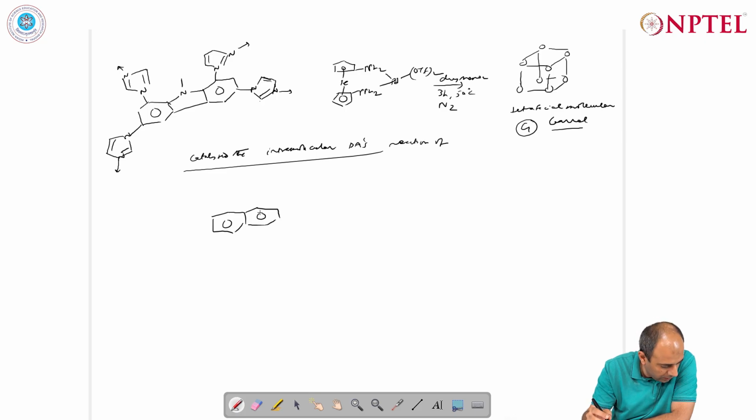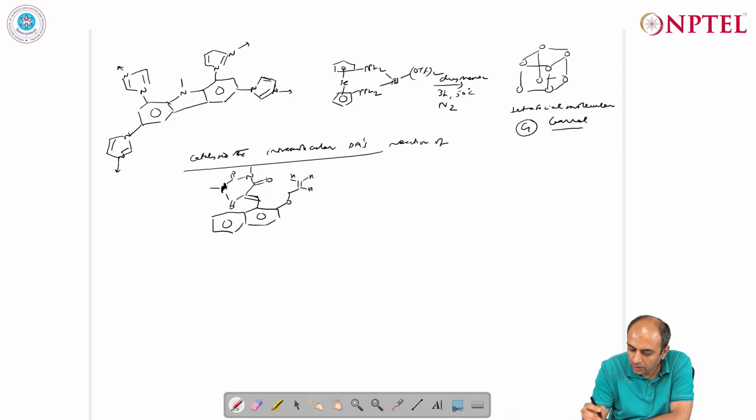So we have this particular substrate. We have the diene part here. You can see very clearly that we now have the positioning.